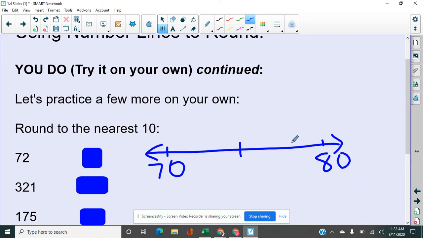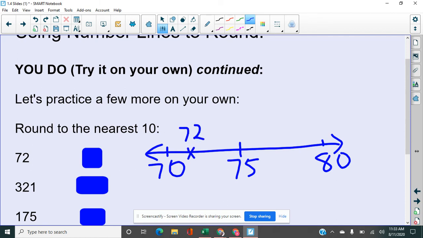All right, you tell me what's going to go in this middle. 75 goes in the middle. And where's the 72 going to go? Well, it's less than 75. So it's going to go right here, 72.